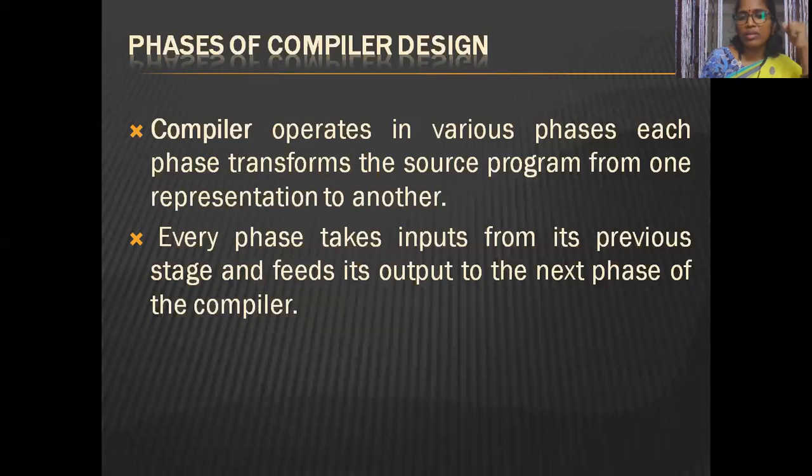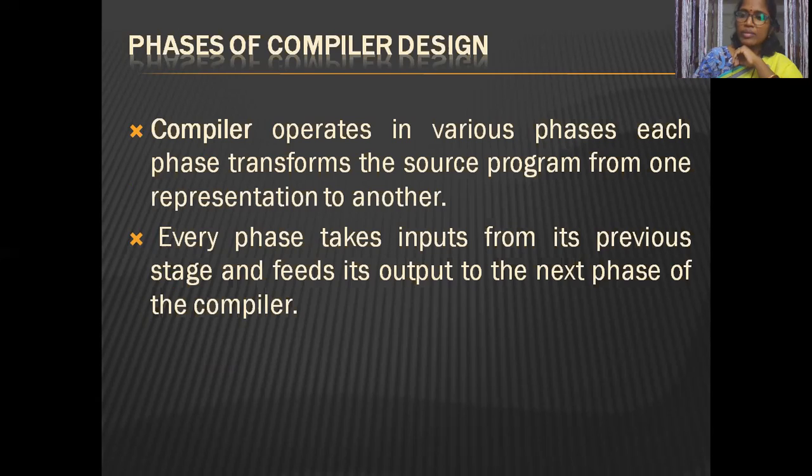Another thing, every phase takes input from its previous stage and feeds its output to the next phase of the compiler. The output of the first phase is given as input to the second phase, the output of the second phase is input to the third phase, the output of the third phase is input to the fourth phase, and so on. This is what happens in the compiler.